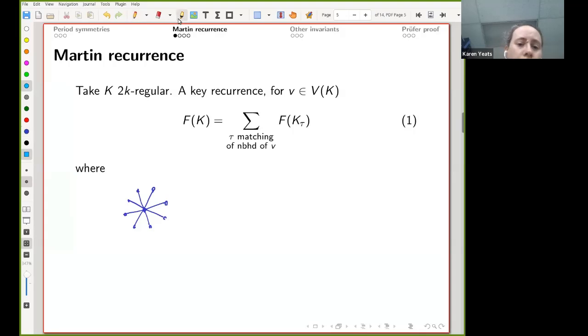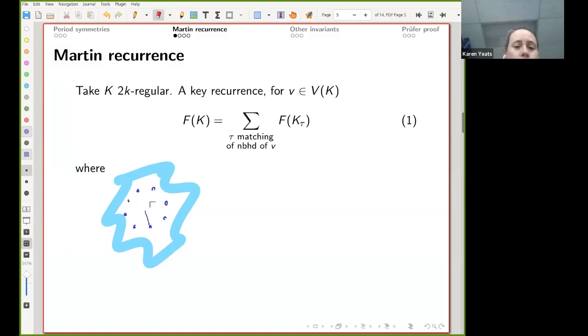And there's some more graph out here, and I don't know what it's doing, but there's some more graph out there. And then what am I going to do? I want to sum over all the ways to just remove that vertex and then replace it with some matching of the neighborhood. So maybe something like this. Right? Doesn't have to be non-crossing, so I won't fake you out by making it non-crossing, but something like that. Okay, now that's a new graph, and that's the k tau. All right, for that particular matching tau.